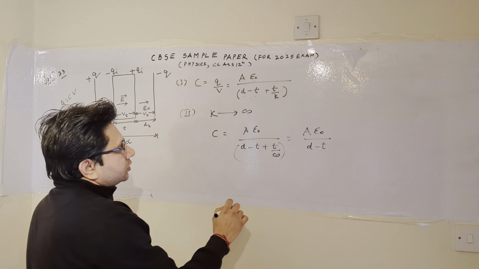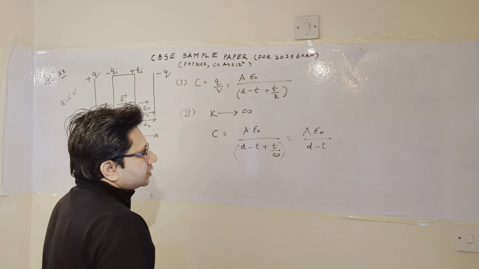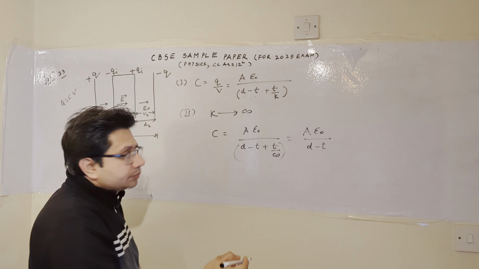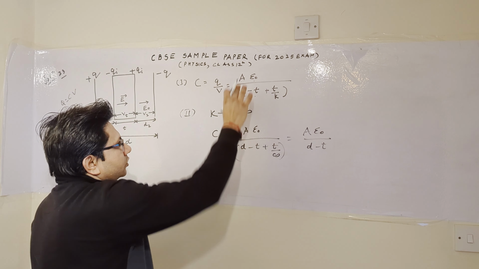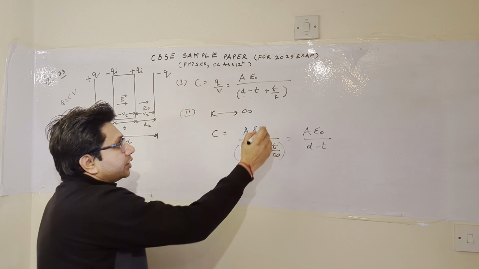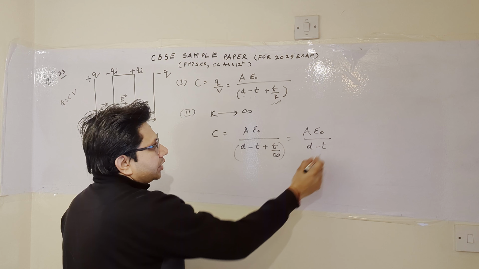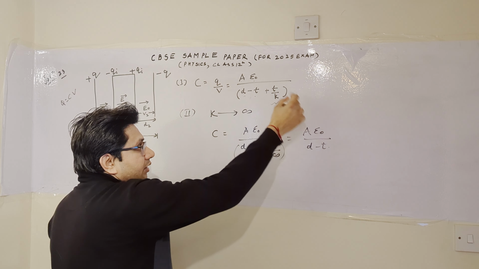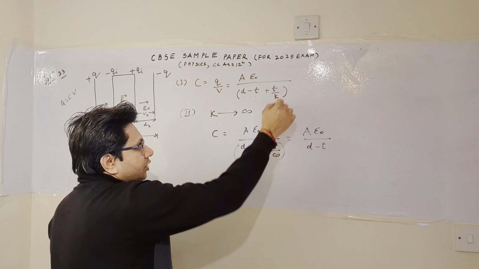Now it is also asked, for which case is the capacitance higher, the dielectric or the metal? You can compare these two expressions. Here the term t upon K is present and this term is missing in the metal case. This term is in the denominator and it is a positive term.